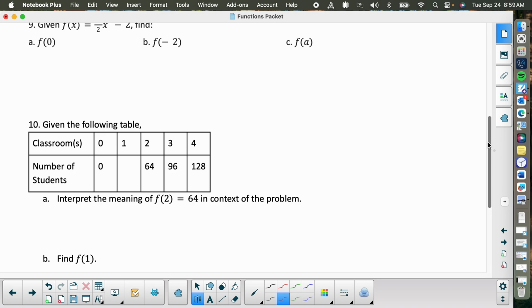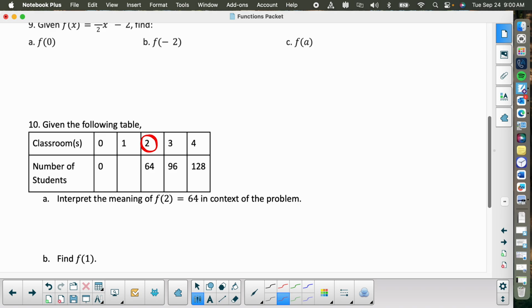How'd you know that? What question are you answering? Let's start with that. It sounds to me like you are probably answering that blank box. Okay, that wasn't the question, but that will be one of the questions. You're answering B. A says, interpret f of 2.